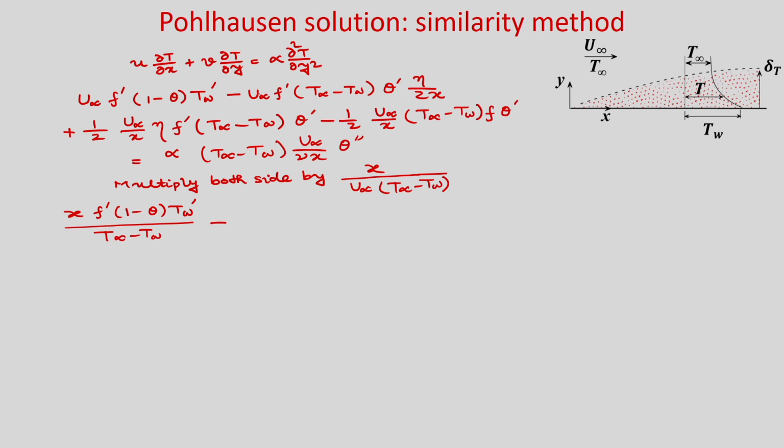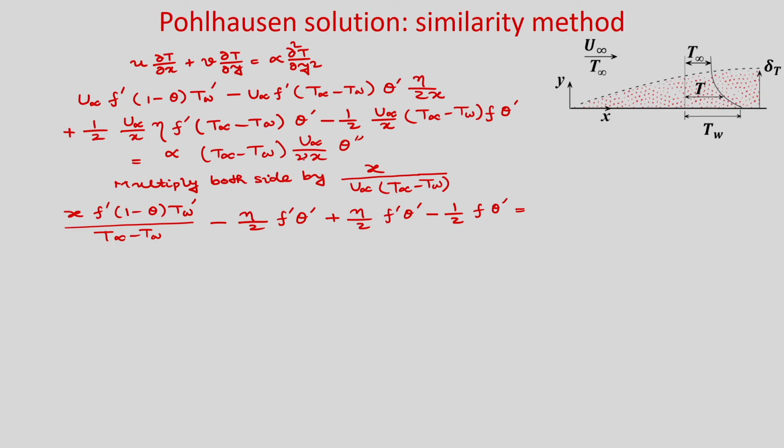The next term you can see u infinity will get cancelled, T infinity minus T w also will get cancelled, and this x, x. So, you will get finally eta by 2 f prime theta prime. Then here also u infinity by x (T infinity minus T w) is there. So, you will get eta by 2 f prime theta prime. Then the next term you will get only minus half f theta prime, and here you can see alpha by nu.